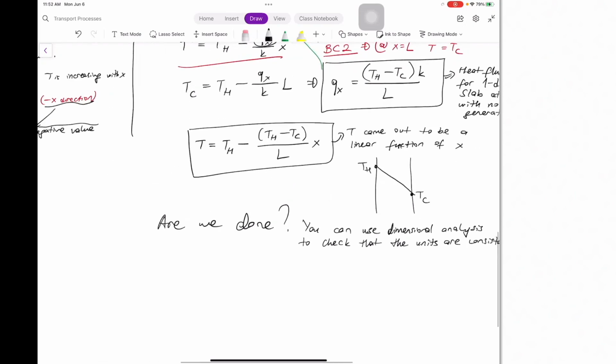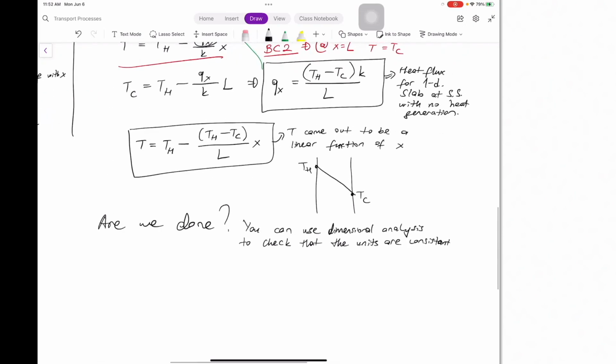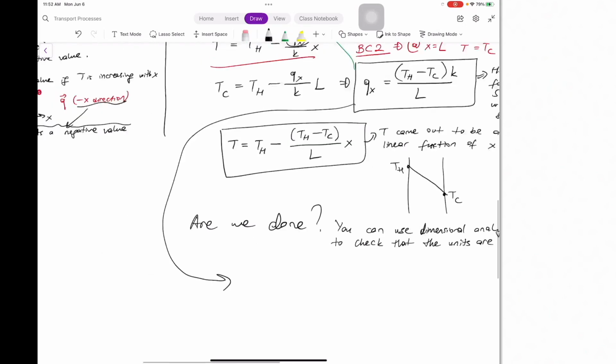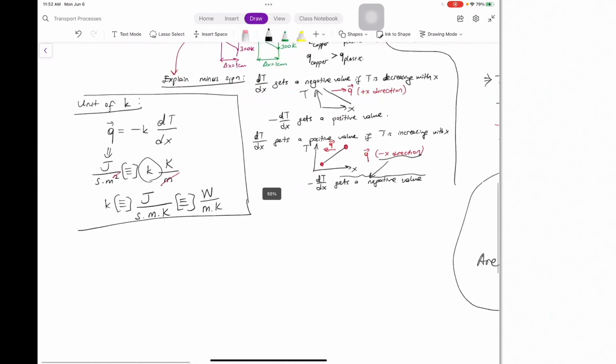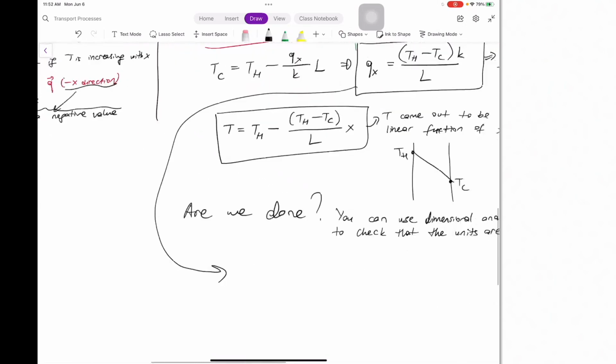So for example, we found the Q, right? Let's have a look at this equation. Which units do you have on the left hand side? Let's check. The Q has the units of joules per second meter squared.